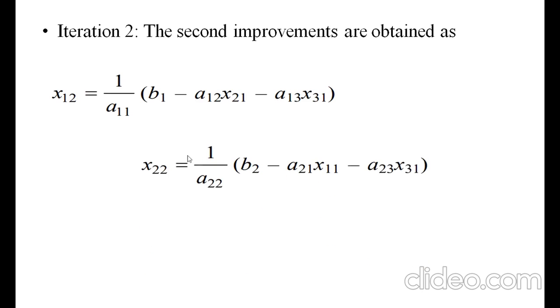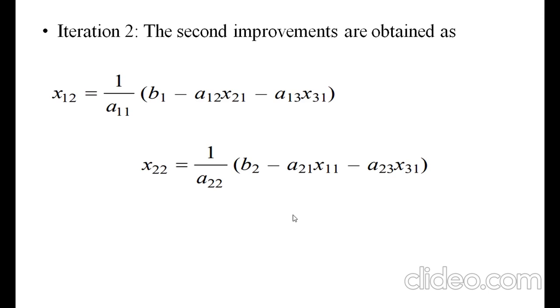For the second iteration, the improvement is obtained as x1 2 is equal to 1 upon a11 in bracket b1 minus a12 x2 1 minus a13 x3 1. Similarly, x2 2 will be 1 upon a22 in bracket b2 minus a21 x1 1 minus a23 x3 1.